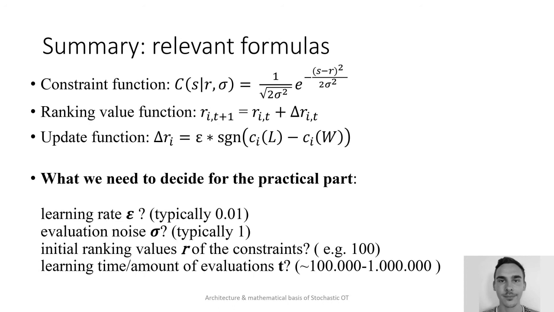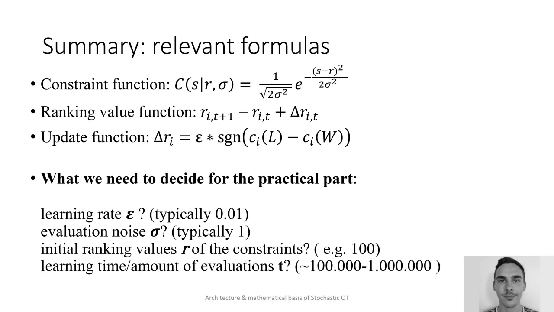You will also need to decide which ranking values your constraints will have at the beginning of training. You can either follow theoretical assumptions about initial state constraint rankings. You could also not order them at all and give them all the same values, or you could even rank the constraints according to your hypothesis in order to see if after the training period the grammar remains stable.